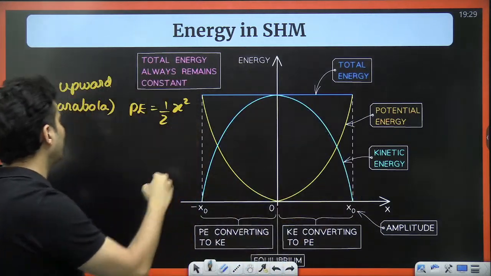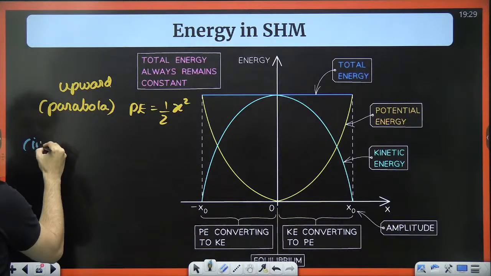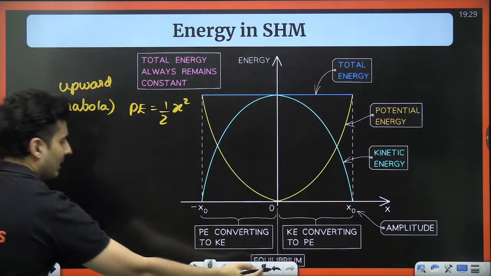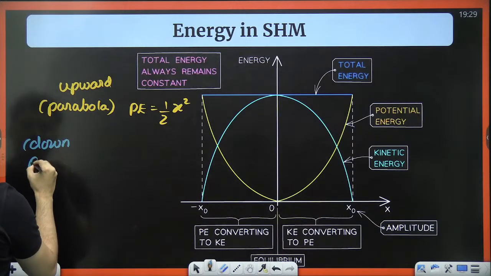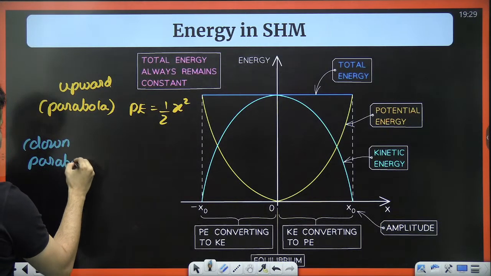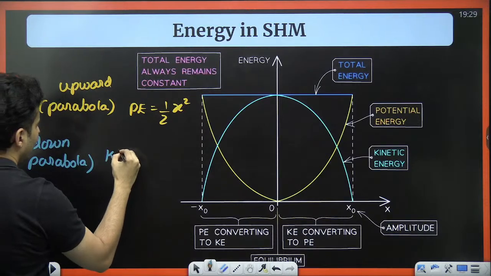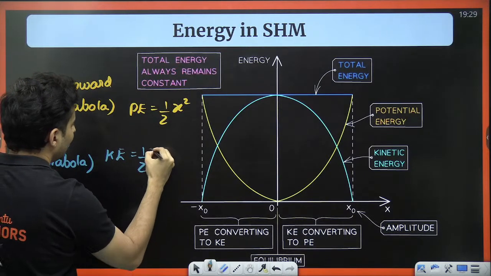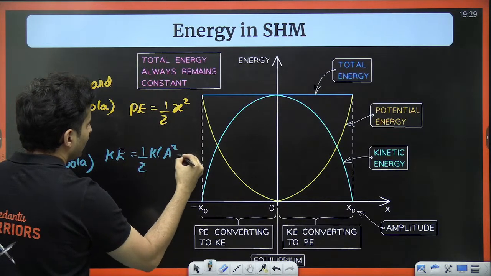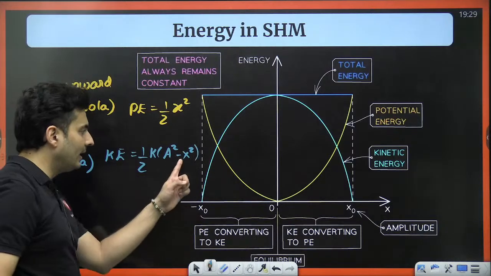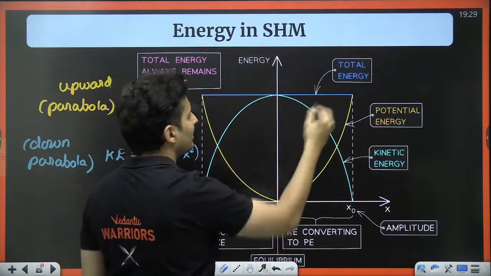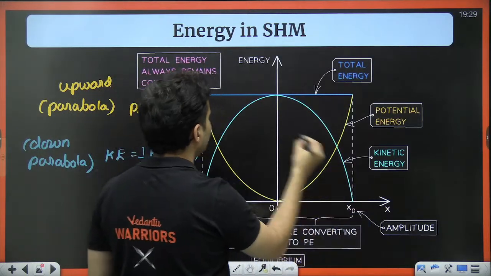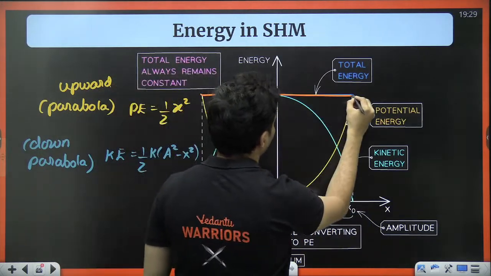If you see kinetic energy, it is an inverted parabola, or I can say a downward parabola, because it is half k (a square minus x square). The negative makes it a downward parabola. This one is the total energy.